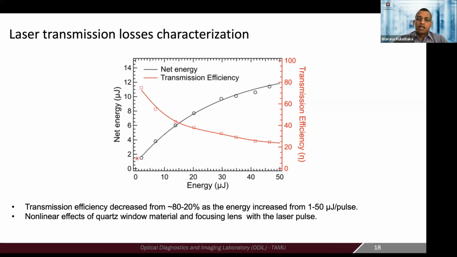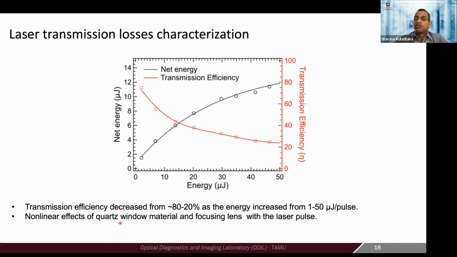One thing you see here is that as you increase the laser energy from low value to high value, the laser transmitted into the burner is actually going down as you increase your laser power. So there are some nonlinear effects and absorption losses happening in typical window material like fused silica, so you have to be very careful selecting the window material. In this particular case quartz is more helpful.